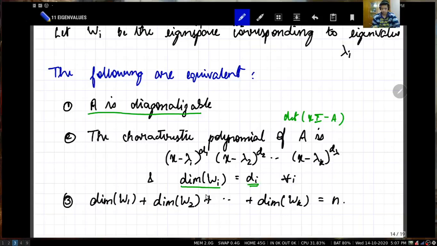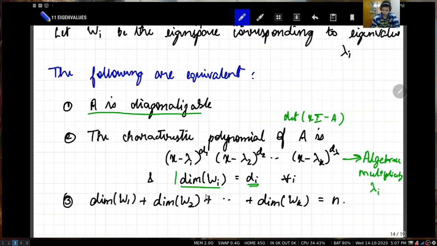These are two different things, because this di is defined in terms of the characteristic polynomial, so it's a very algebraic quantity, and indeed di is called the algebraic multiplicity corresponding to the eigenvalue lambda i.